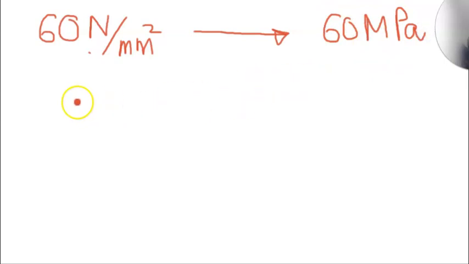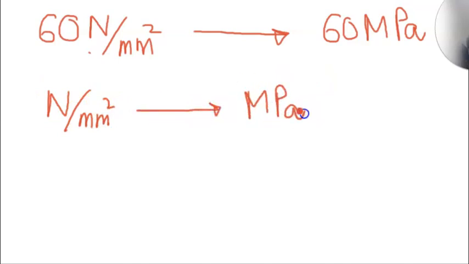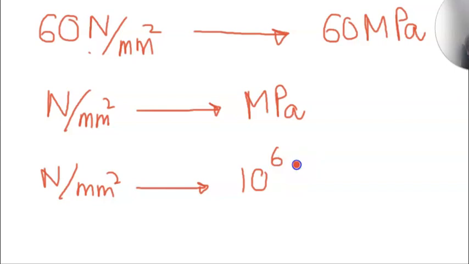Just remember, Newton over millimeter square is in fact a megapascal. That's the quickest way to remember. If you want to convert, you can convert, but Newton over millimeter square is megapascal. It's also 10 to the 6 Pascal. So usually we go with that one.